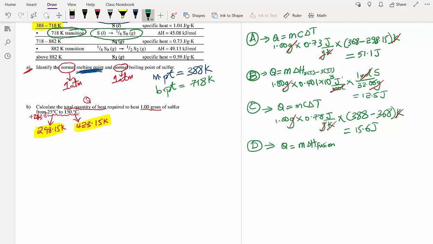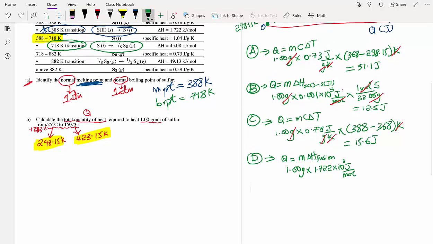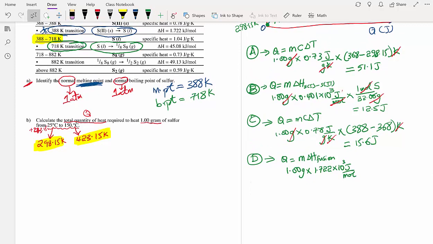If you plug in the numbers, 1.00 gram is the mass. The latent heat of fusion is 1.722 kilojoules, times 10 to the power 3, joules per mole. That was what was provided.